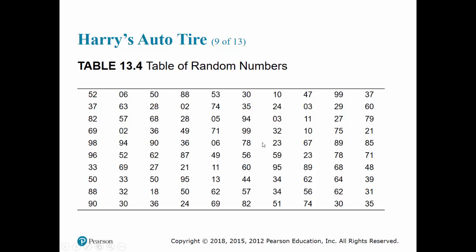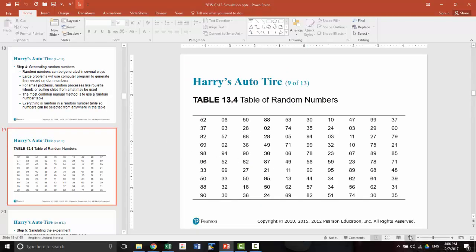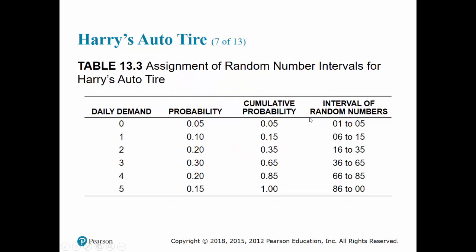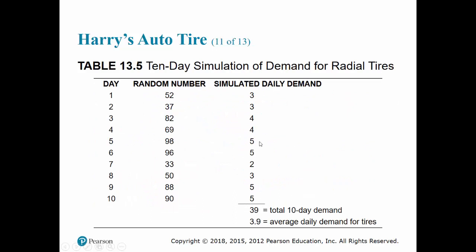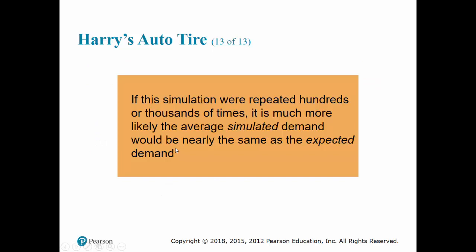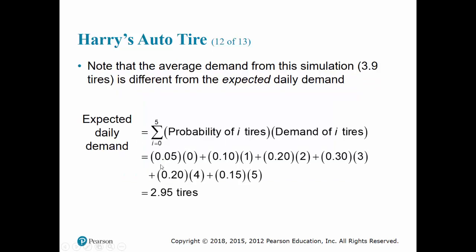Sometimes you may want 4 numbers or 3 numbers. Here it's a very simple example. We are starting out here and going down like this. First day 52, second day 37, third day 82, and so on. By comparing that number against this table, we decide what the daily demand is going to be, and based on that we compute the expected value of daily demand.